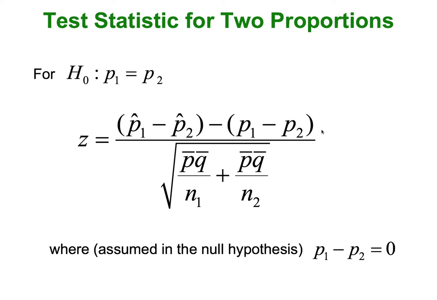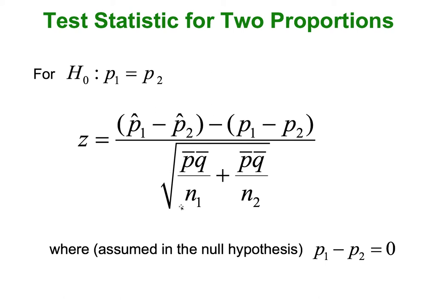And it's because in certain more complicated problems that we would study in more advanced statistics classes, these two might not necessarily be the same. So that's our numerator, sample proportion 1 minus sample proportion 2.